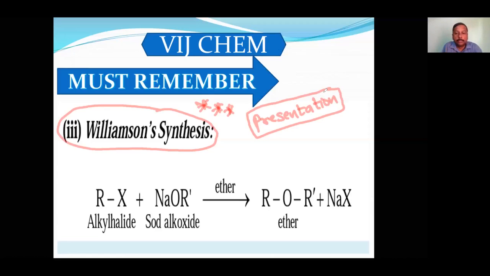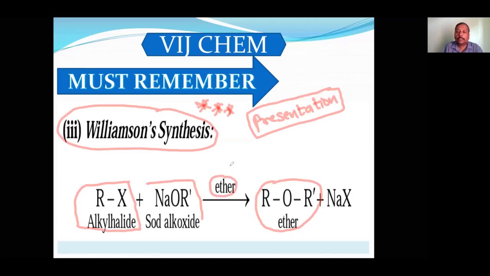So Williamson synthesis is a preparation of what? Very good. Preparation of ethers by treating alkyl halide with sodium alkoxide in presence of ether.